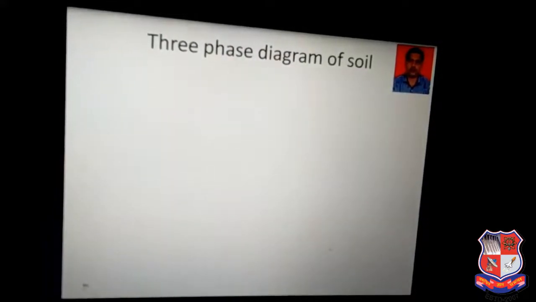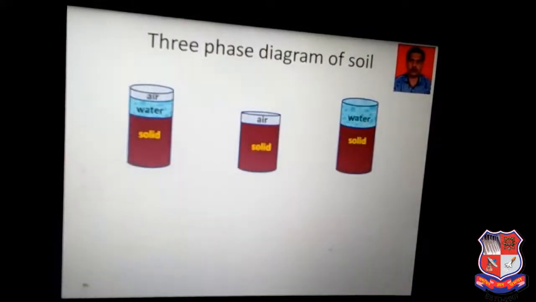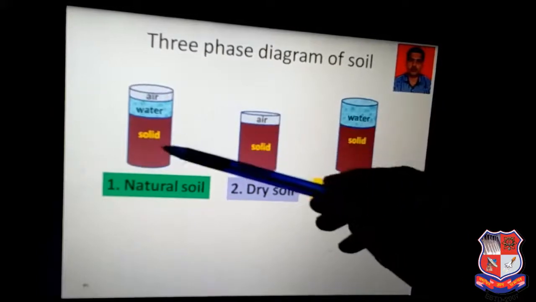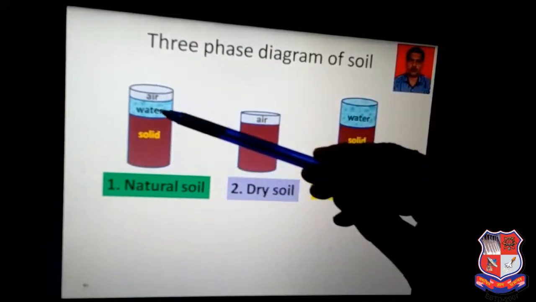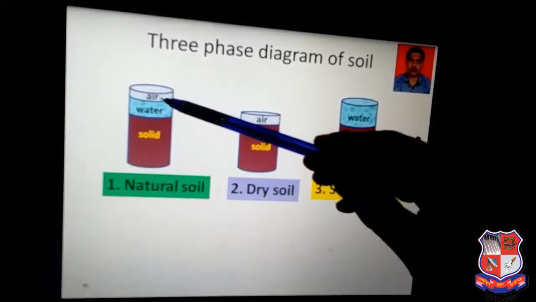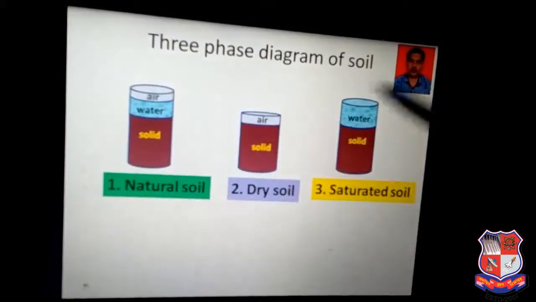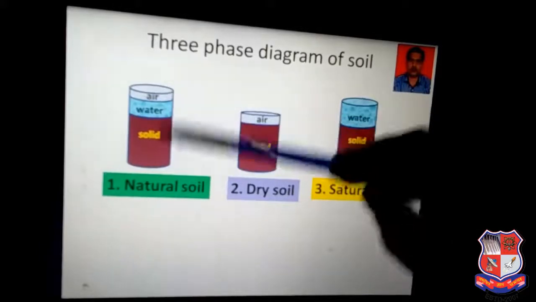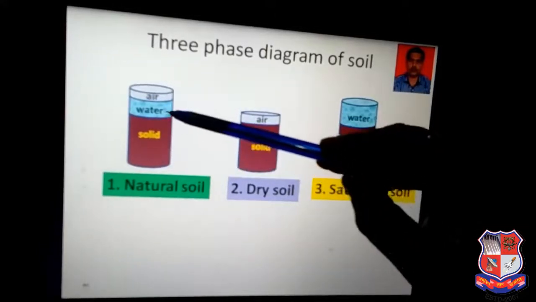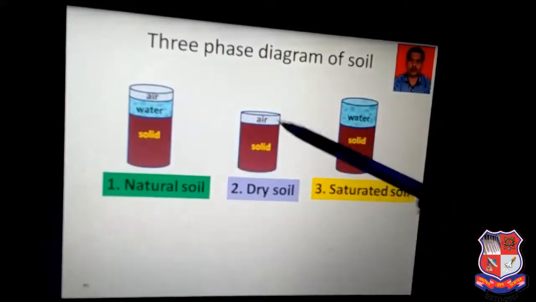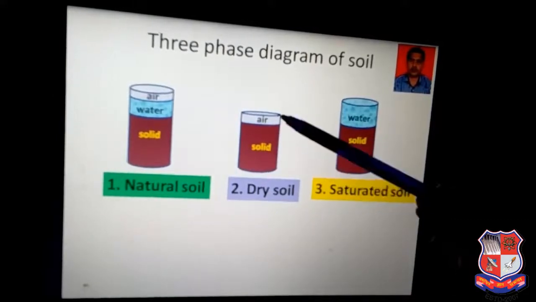Now as the soil remains in natural state, if a soil has solid particles, water molecules and air, this is most popularly known as natural soil. But if this type of soil is heated and the water is evaporated, then it comes into the phase of solid and air only.